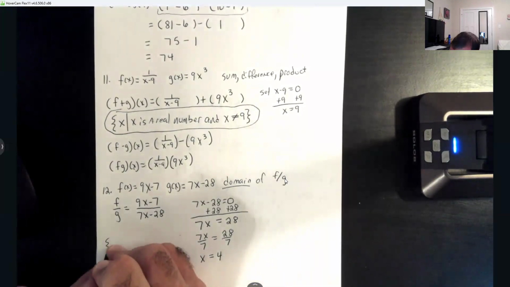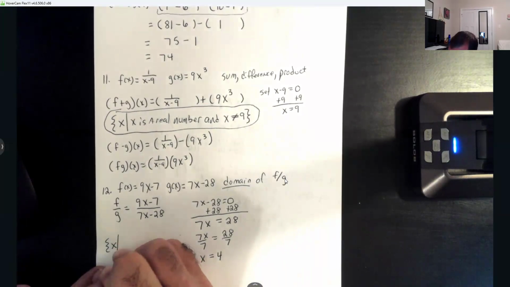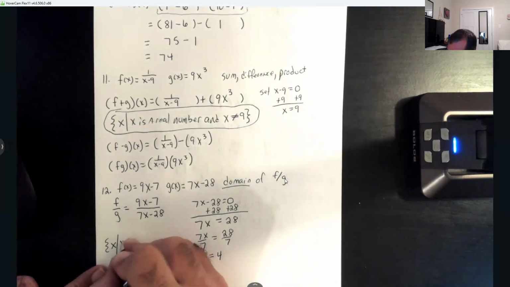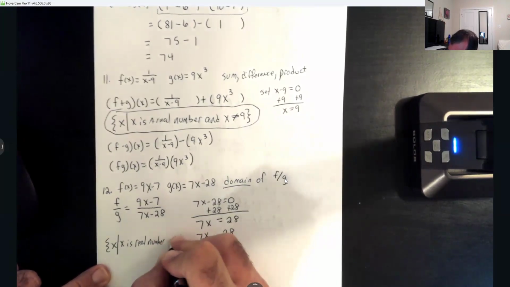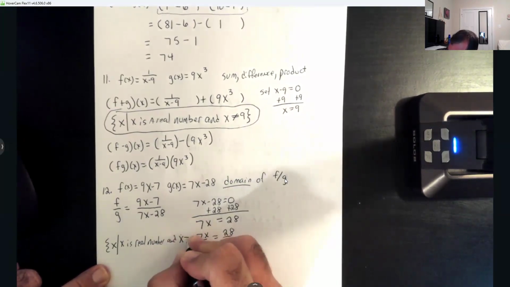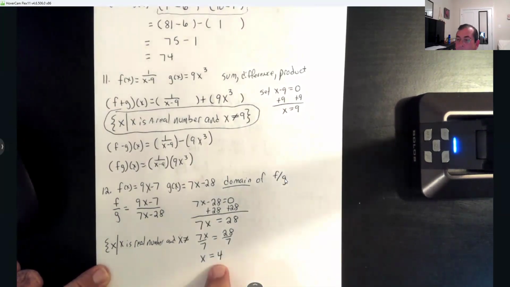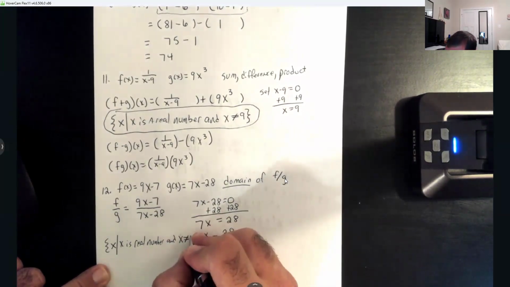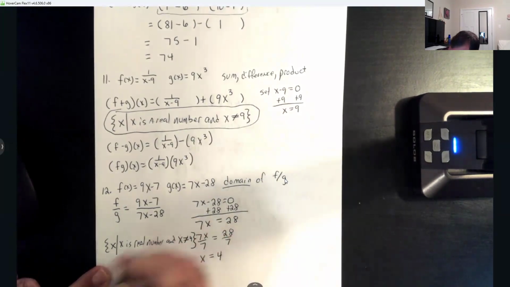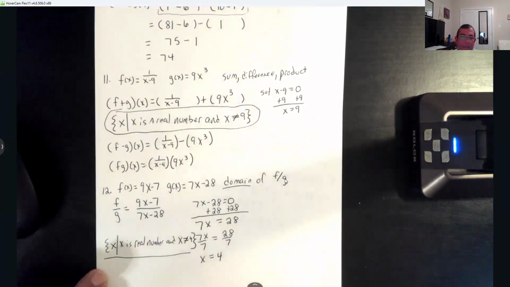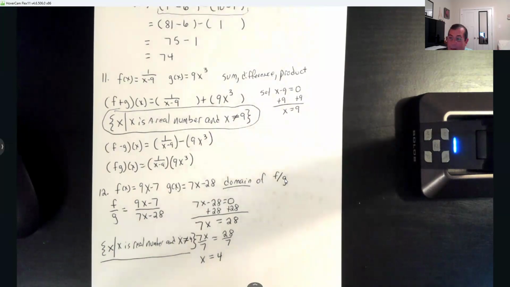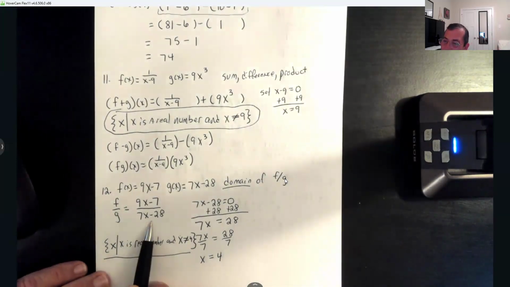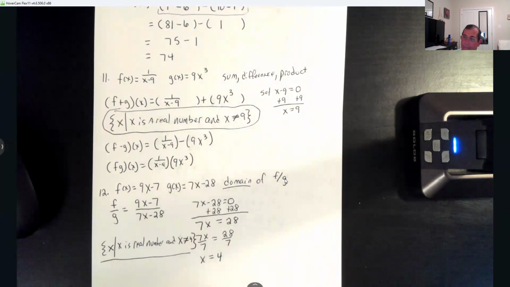So my domain would be x such that x is a real number and x cannot equal that positive 4. Notice, I didn't even touch the top of that fraction. The top of a fraction can be 0. It's the denominator that you got to worry about, okay?